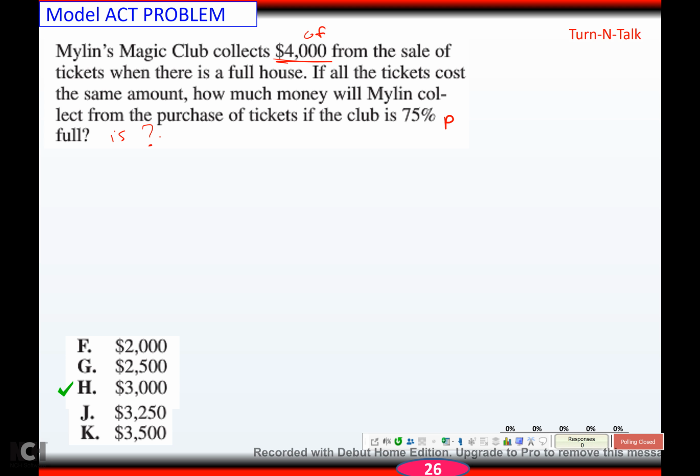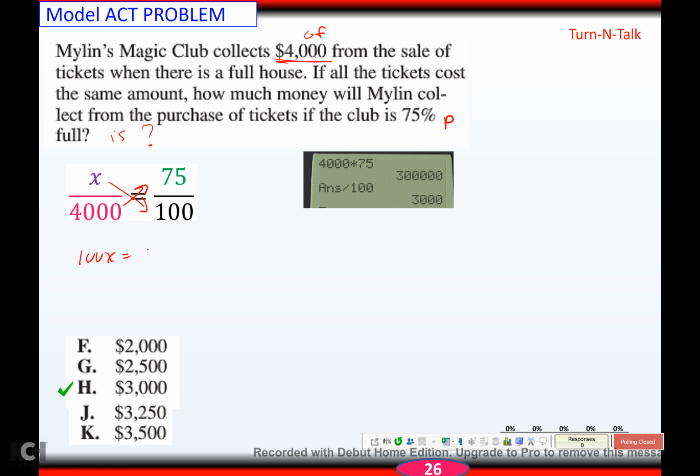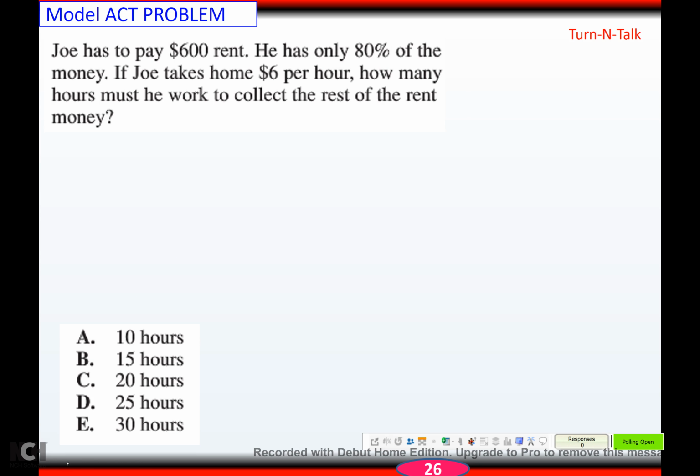So I set that up, and I have is over of equals P over 100. This is going to give me 100x equals 300,000. Divide by 100, and you get x equals $3,000. Okay, hit pause, come back when you're ready.